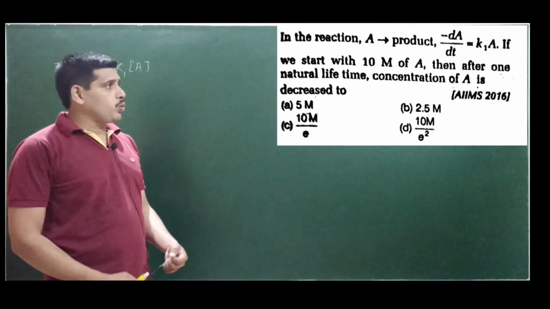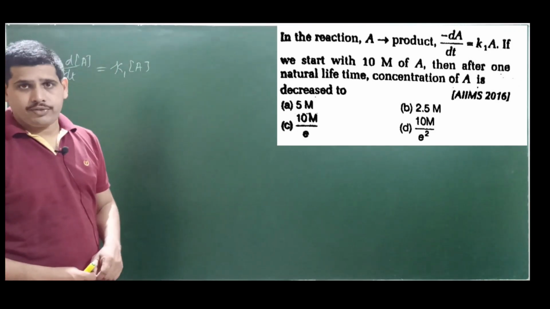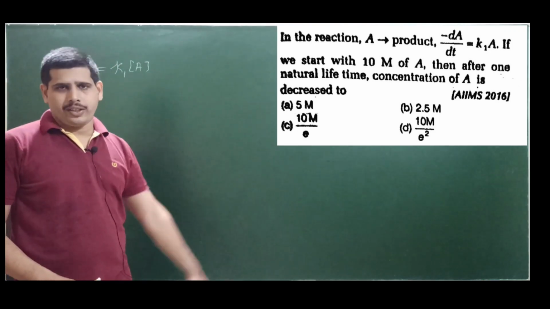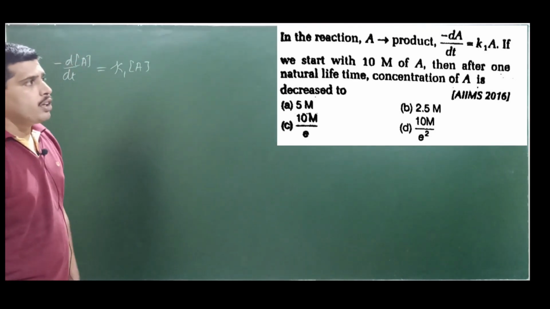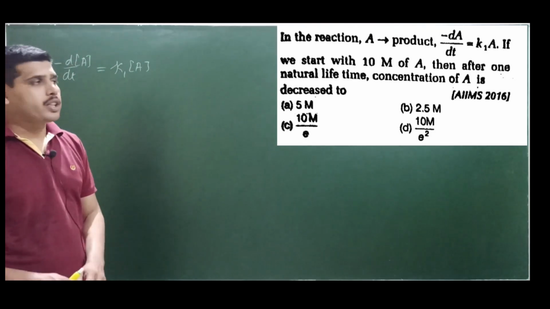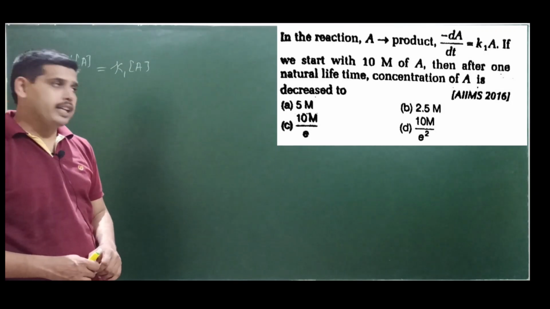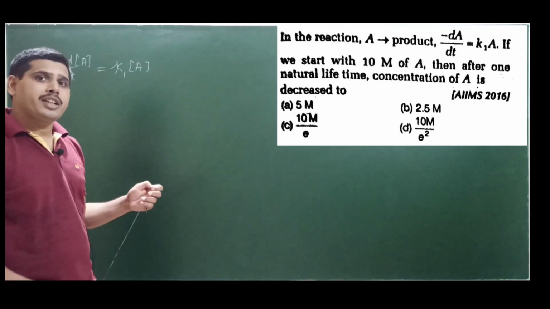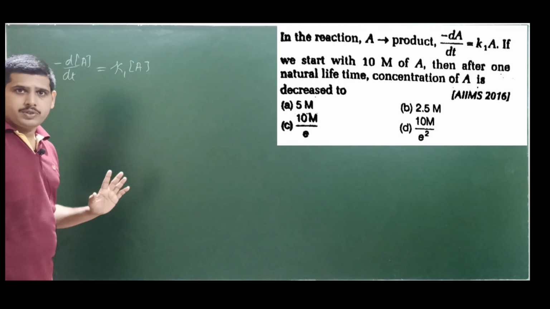What is asked? After one natural lifetime, that means when t equals one natural lifetime, if the initial concentration is 10 molar, what will be the concentration remaining of the reactant?